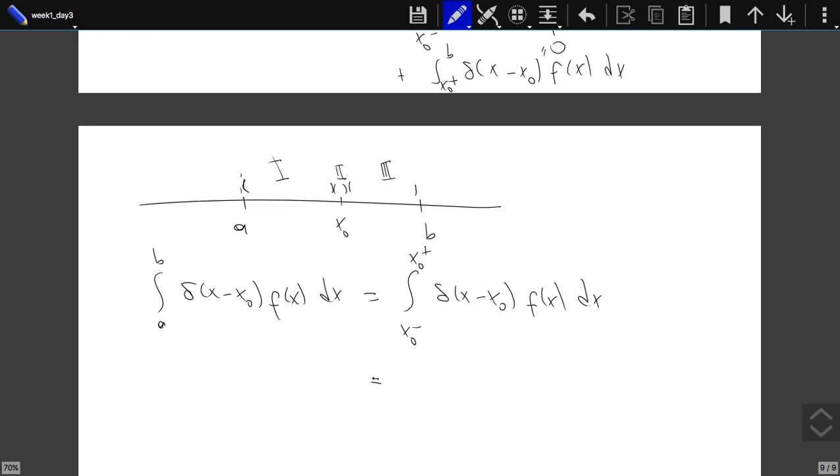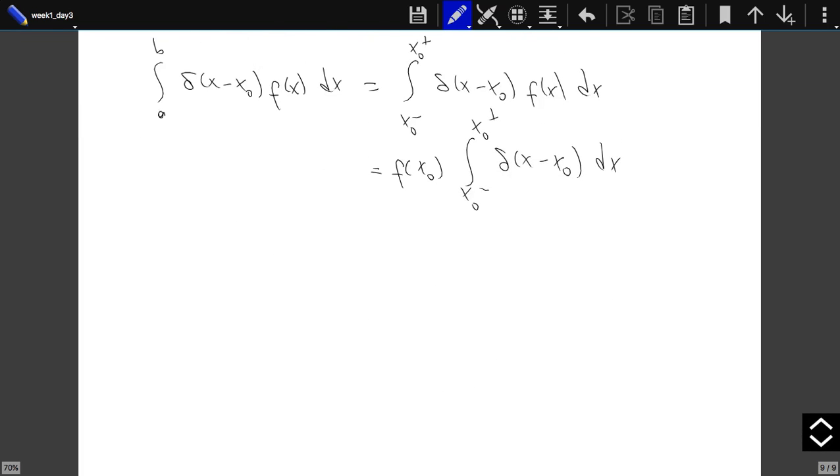So its value is equal to f of x0. And this integral, we know the properties of the Dirac delta. We know that its integral is 1 over a region that makes its argument 0.